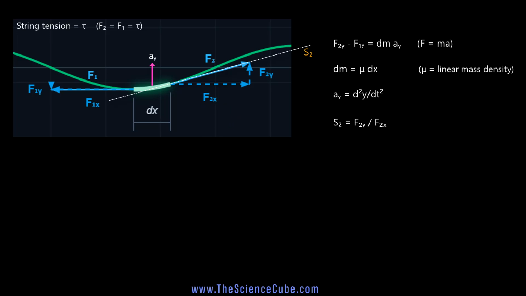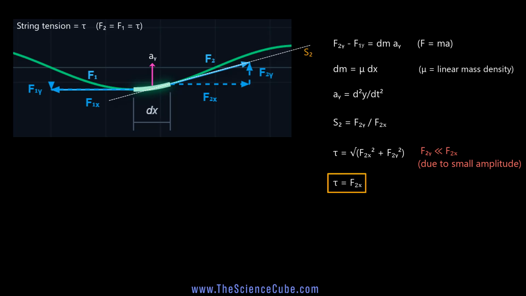Now, the magnitude of the tension is T, and we can write T equals the square root of F2x squared plus F2y squared. But the small amplitude assumption tells us that the tilt here is small, and therefore F2y is much smaller than F2x, which means T, or the tension, is approximately equal to F2x.